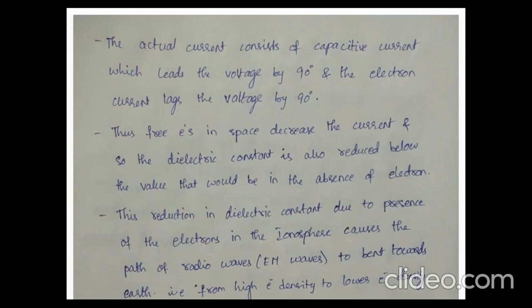This is how the wave traveling into the ionosphere bends towards the Earth again, which is nothing but going from high electron density to lower electron density. In the ionization layer, you will have more electrons due to cosmic rays. The atoms release more electrons.